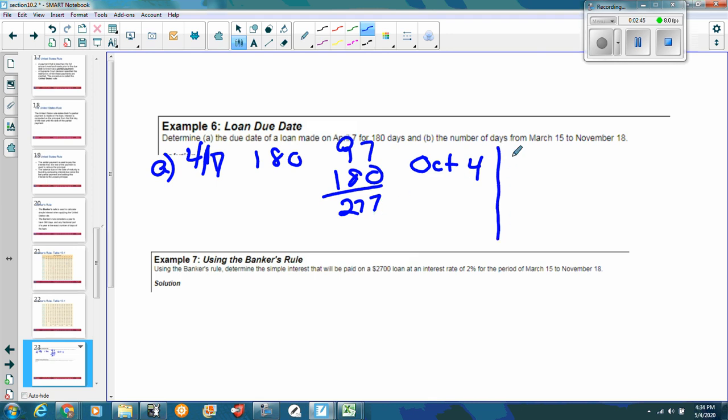Okay, part B asks how many days from March 15th to November 18th, again using the banker's rule. So that's 3/15 to 11/18. I come back over here.